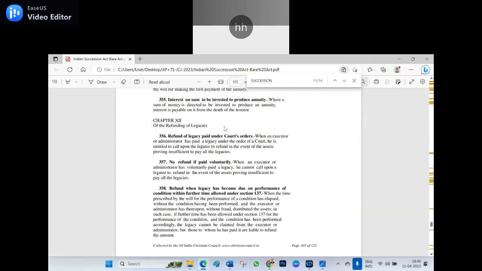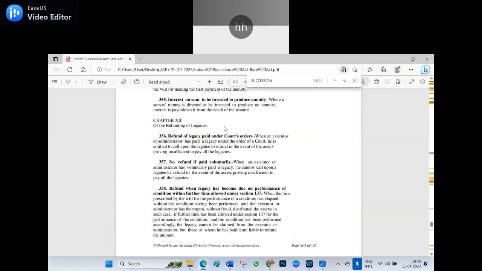What is meant by legacy? First and foremost, the legal heirs are entitled to the inheritance through succession. Later on come the legatees. Who are the legatees? Legatees are those whose names appear in the will.